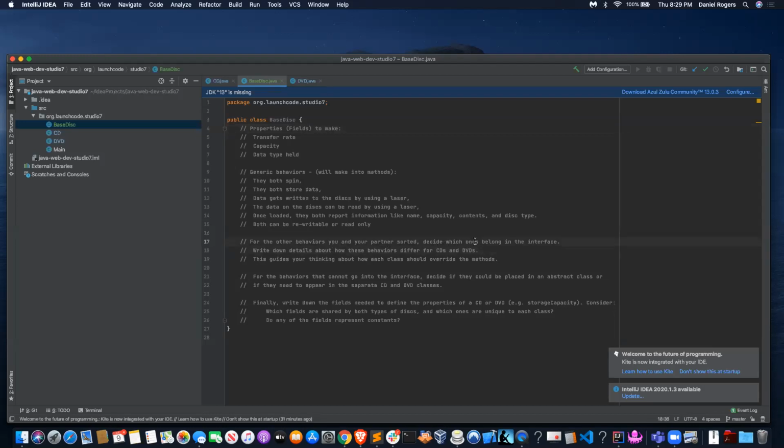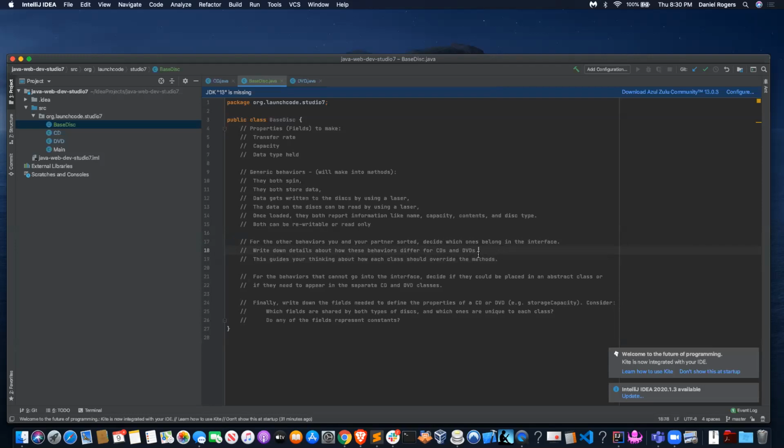So which behaviors do you guys think belong in the interface? Any ideas?